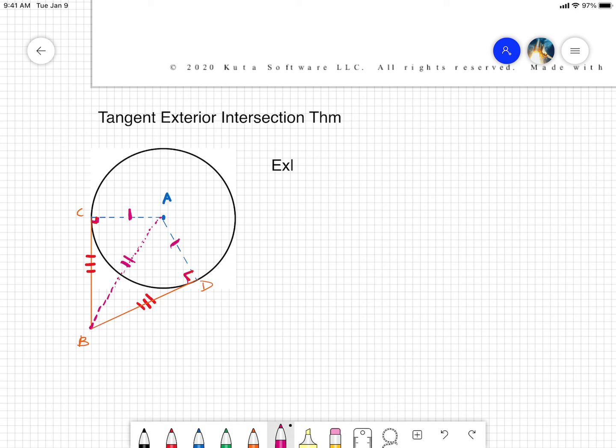Meaning that I've got two right triangles here, and the legs and hypotenuse are congruent, meaning that by hypotenuse leg, these two triangles are congruent. So quite simply, if I have two tangents that intersect outside the circle, I know that those pieces are actually congruent.